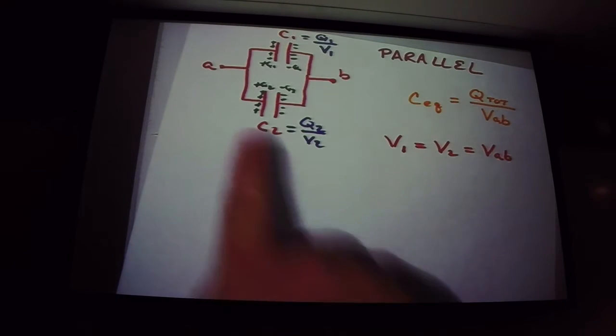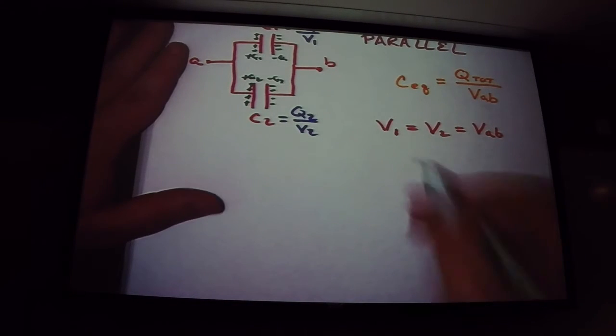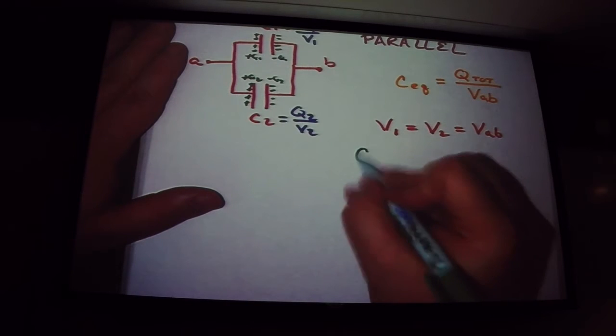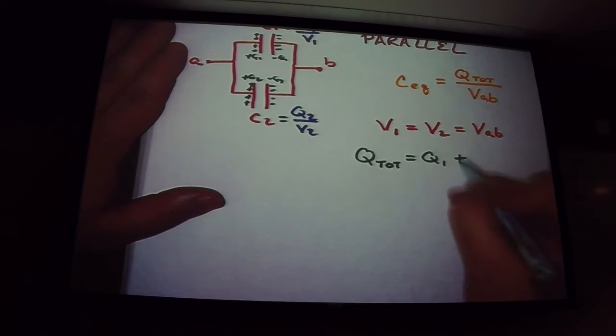So how much total charge have I stored? Q1 plus Q2. So in parallel, the charges add up. Q total equals Q1 plus Q2.